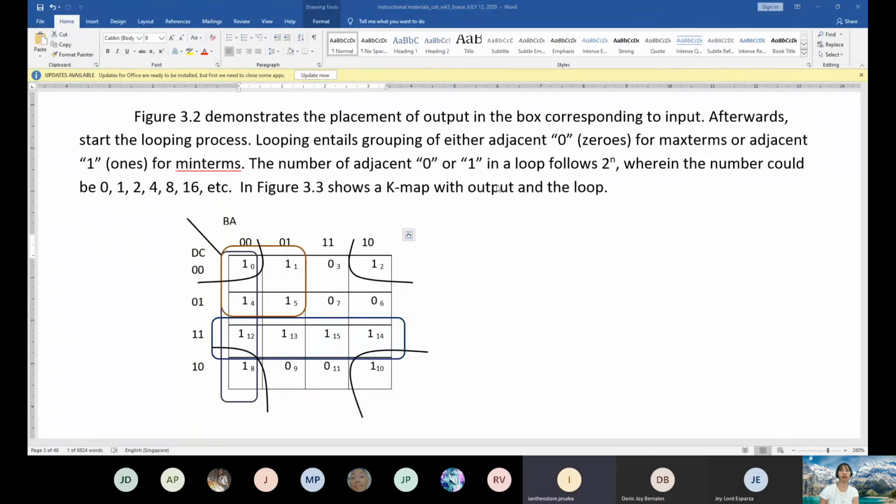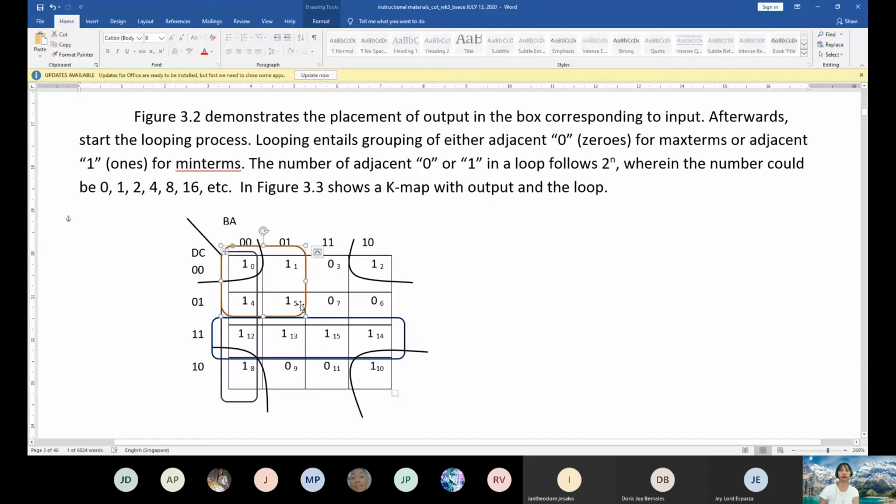So for this loop, the term is D prime, B prime. We were able to eliminate inputs C and A. So let's take note of that. Z is equal to D prime, B prime plus.